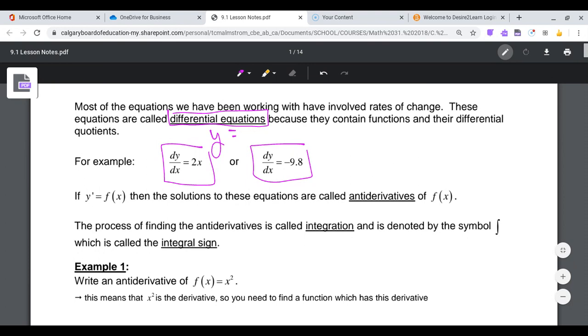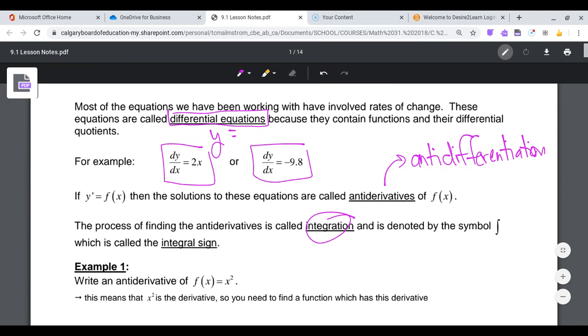And so for whatever reason, I think chapters 9 and 10 talk about this process as anti-differentiation, but really it's integration or integral calculus that it would be called at university. So I don't know why the textbook refers to it only as anti-differentiation in the first couple chapters here.